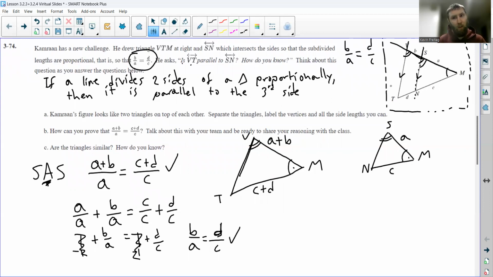So this is maybe our first example of a proof that it might be actually easier to see the flowchart version, and I may do that for you when we get back in class. But for now, we'll just understand that this is true. If you draw a line so that it divides the sides of the triangles proportionally, then they must be parallel lines, okay? And the converse is actually true as well.